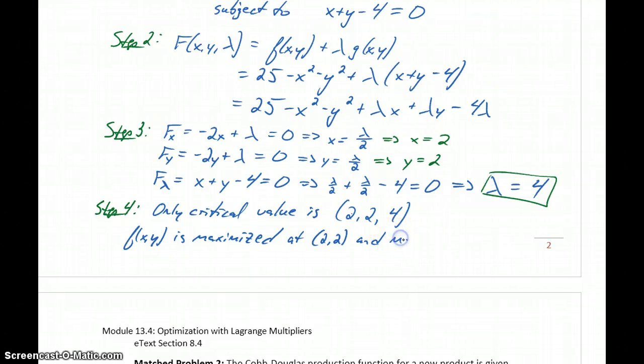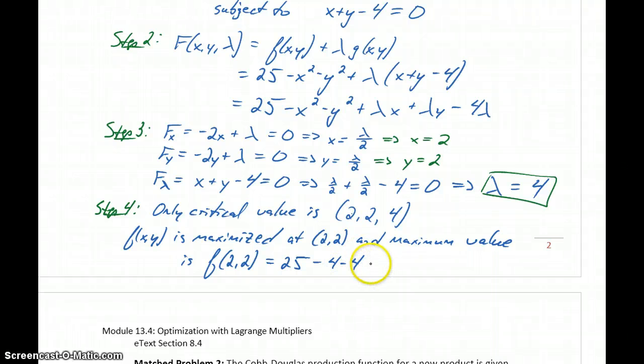And the maximum value is f of 2, 2, which is going to be equal to 25 minus 4 minus 4, or 17.